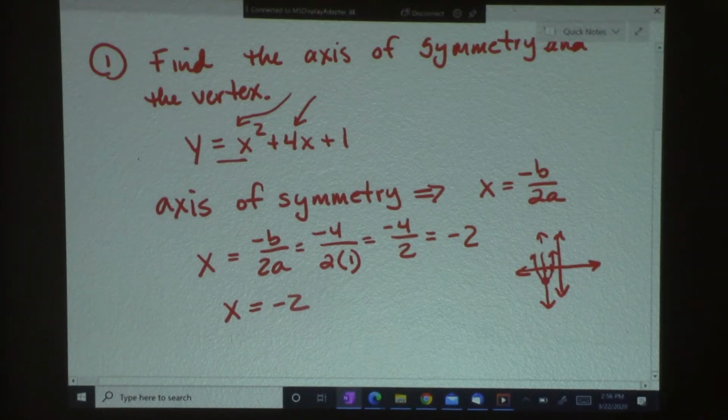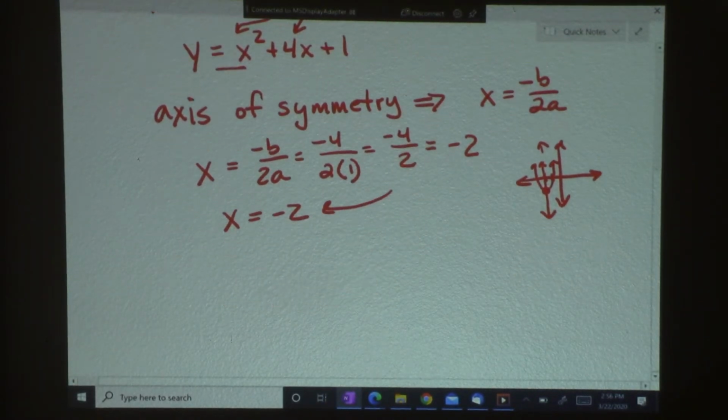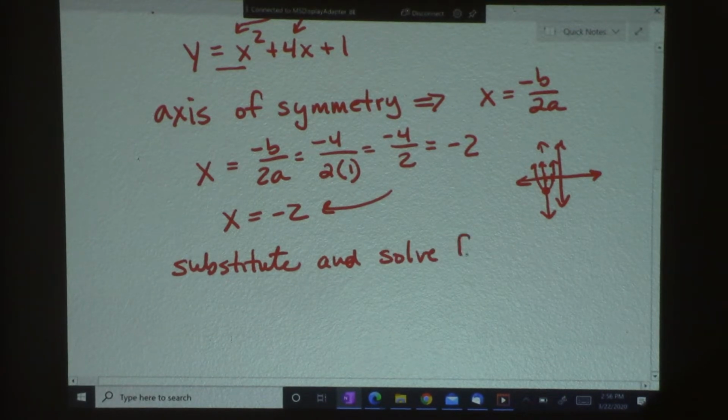So my vertex is on the axis of symmetry, and I know the x coordinate, I just don't know the y coordinate. So to find the vertex after I have the axis of symmetry, all I have to do is substitute and solve for y.